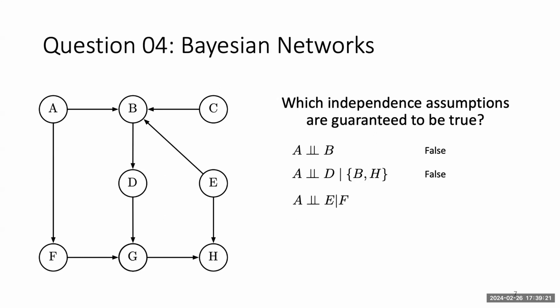Then there's an active path from A to D, because it goes here, then here, then back, then here. F and D form a V-intersection, and H is the successor of that. We covered in class that with a V successor, there's an active path if the bottom part is observed, or if one of its descendants is observed. So there's an active path from A to D, and the statement is false.